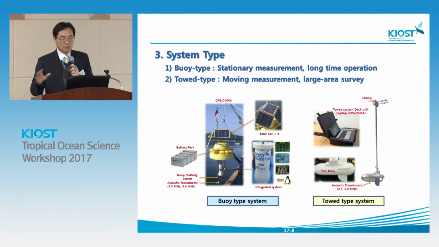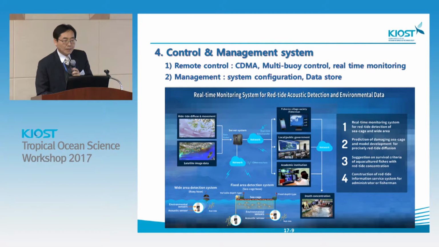So it is a very small sensor we can use. It has remote control over the CDMA network, multi-buoy control, and real-time monitoring. And you saw this figure during lunchtime in the reception room. So in real time, we receive the signal from the field, and we display it in the reception room.